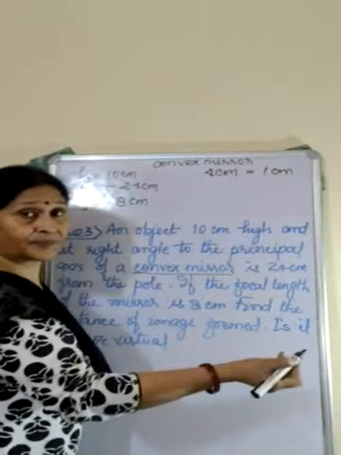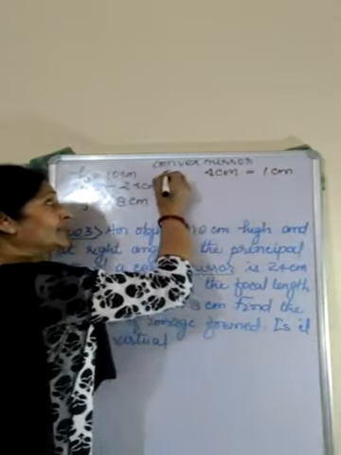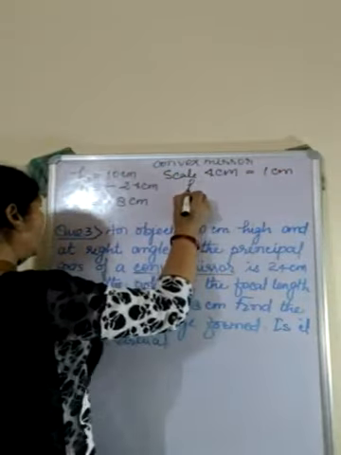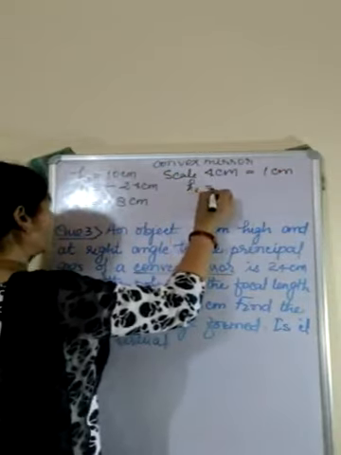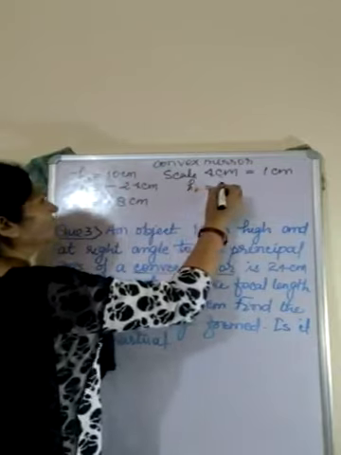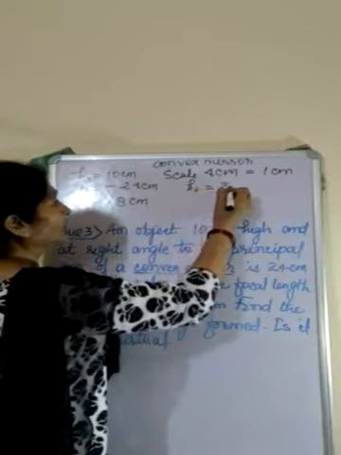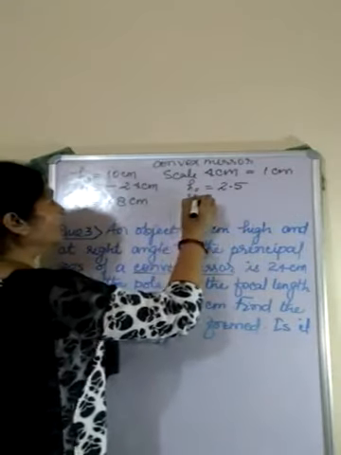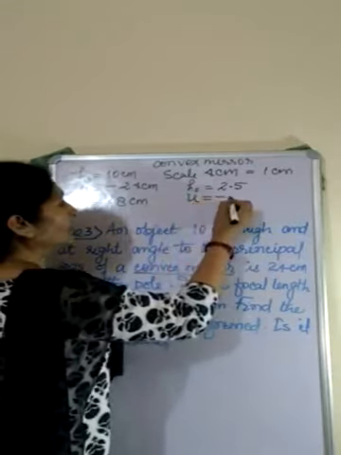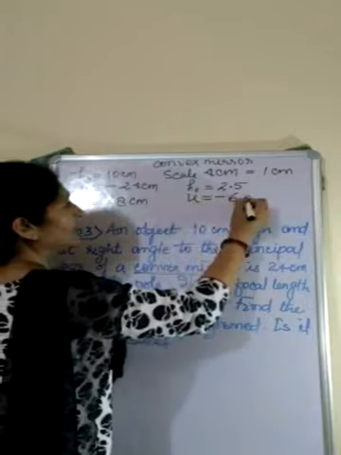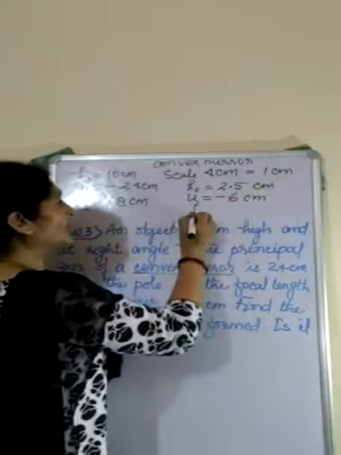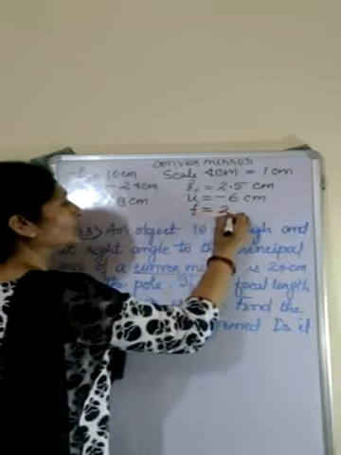And according to this scale, we will have height of the object equal to 2.5 centimeter, and u is equal to minus 6 centimeter, and focal length will be 2 centimeter.